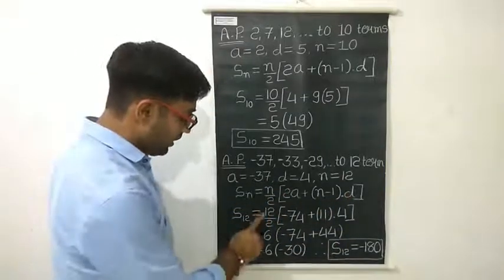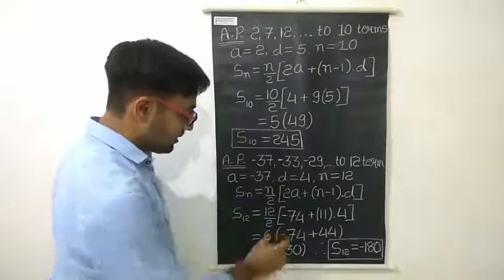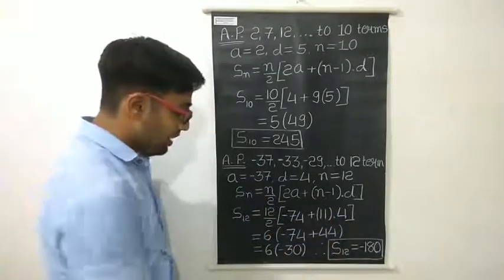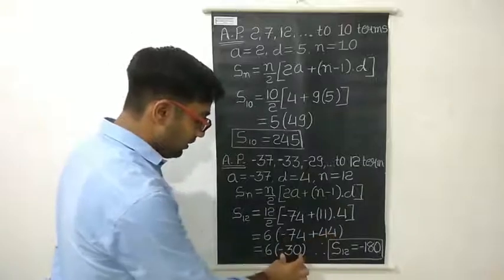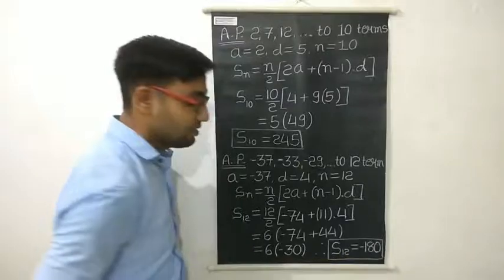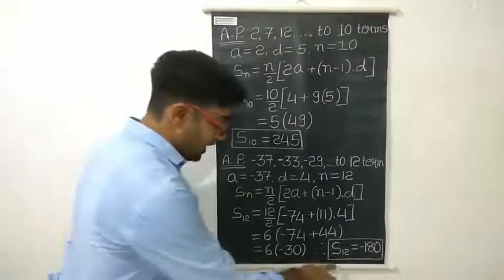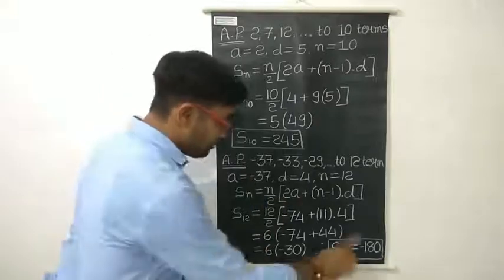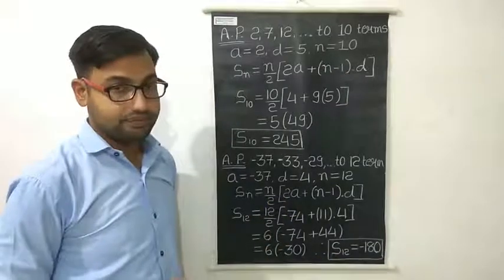Right? So here we get 12 upon 2, that is 6, minus 74 as it is, 11 fours are 44. By adding this, we get minus 30. 6 into minus 30 is equal to minus 180. So the addition of the first 12 terms of this AP is minus 180.